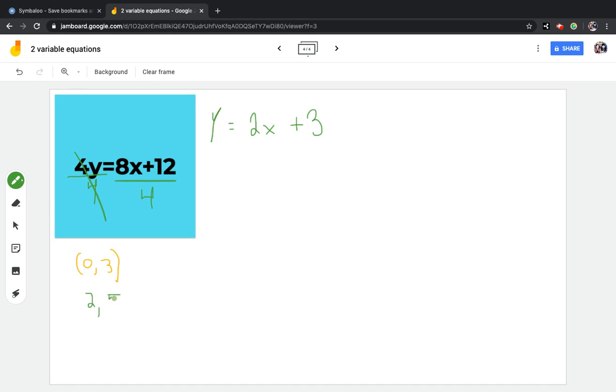All right, looks like it might be going by 1 on this side and then 2 on that side. Do another one. Make x equal 2. 2 times 2 is 4, plus 3 is 7. And you should be able to see the pattern from there. And there we go. That is 2 variable equations.